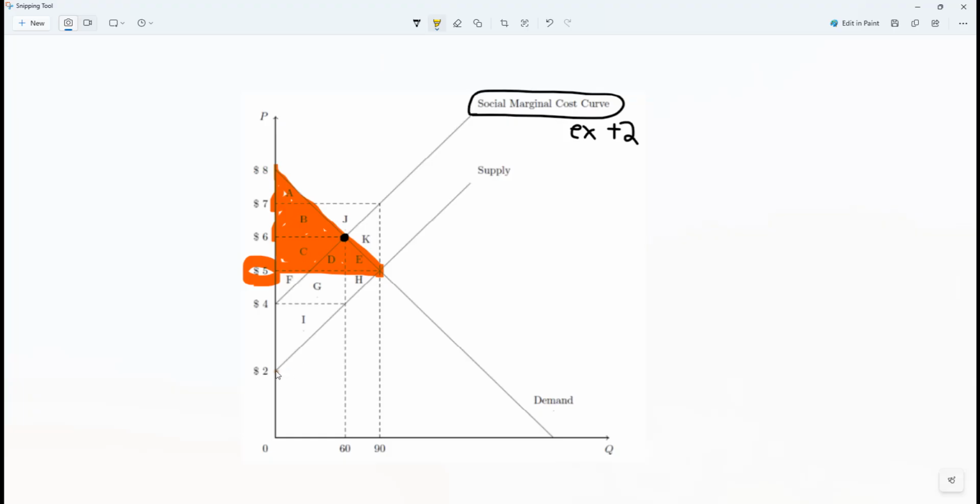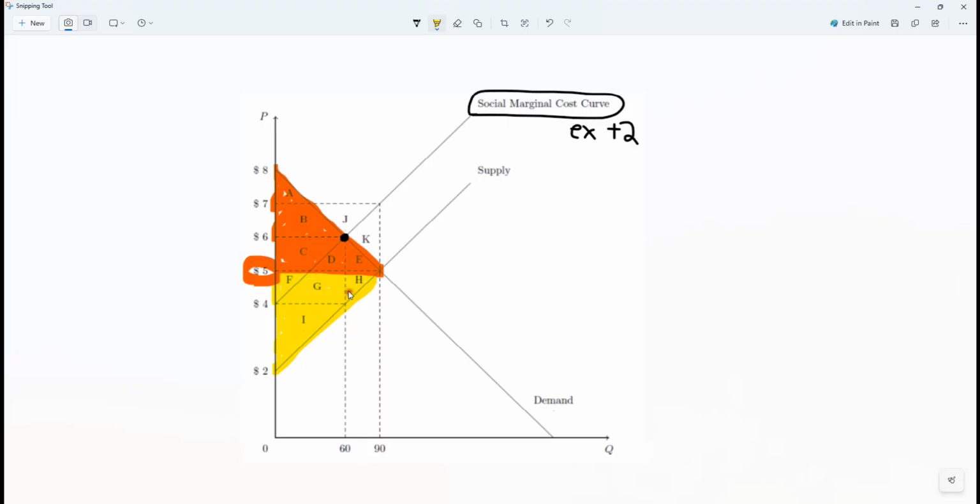And then the producer surplus starts out here at 2. It's the area above the supply curve but below the price, so it's going to be $2 up to $5.